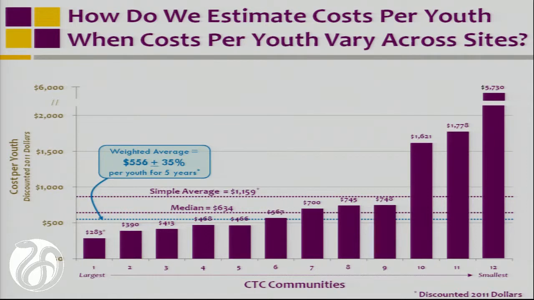So instead, we've opted for a weighted average that we think better reflects the cost not only in our communities, but in communities that are likely to implement CTC. But we've also wanted to account for the substantial variability that you see on that chart. So we've used in Monte Carlo analysis a range of 35% around that point estimate in our benefit cost analysis.